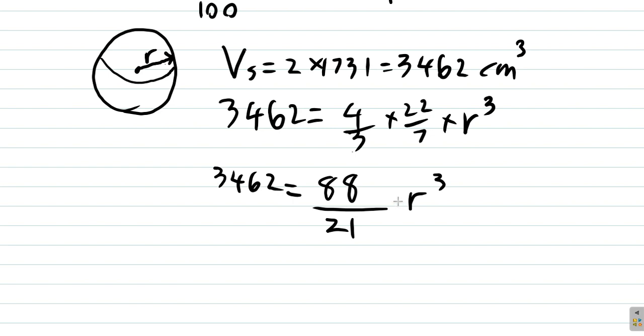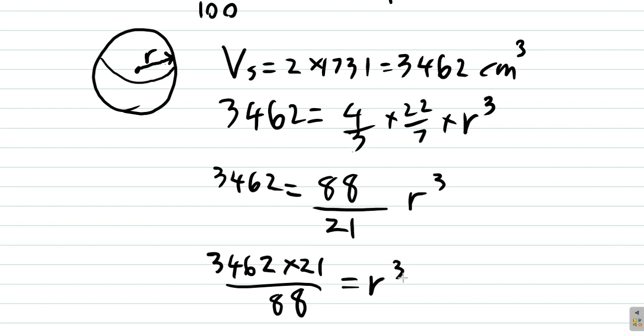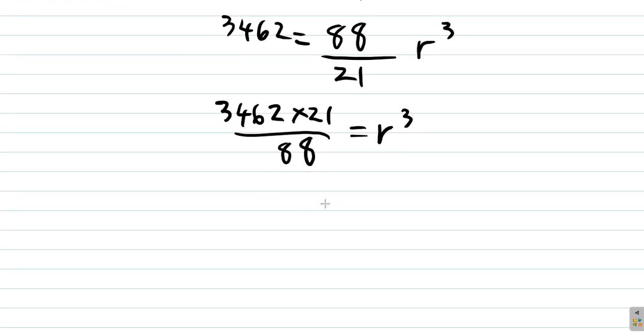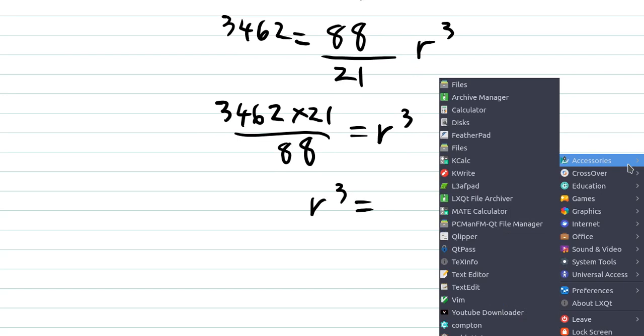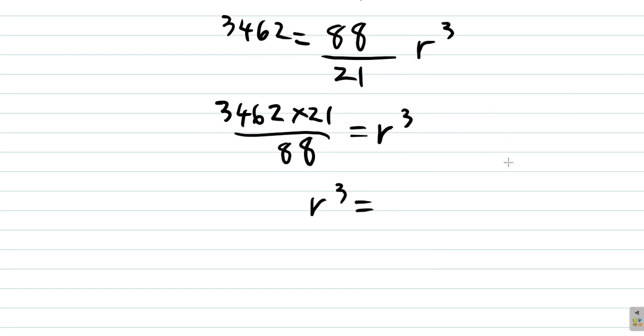What we can do is divide this by 88 over 21, or we could also multiply the 3462 by 21 and divide by 88 to get r cube.